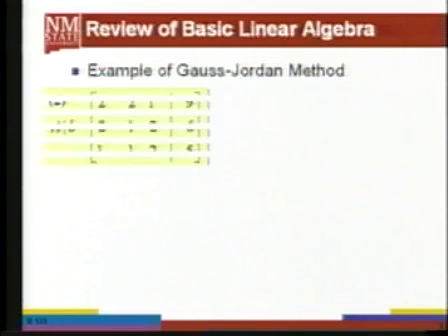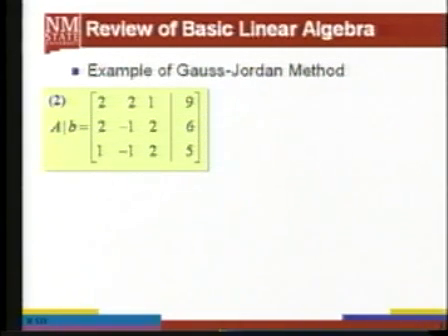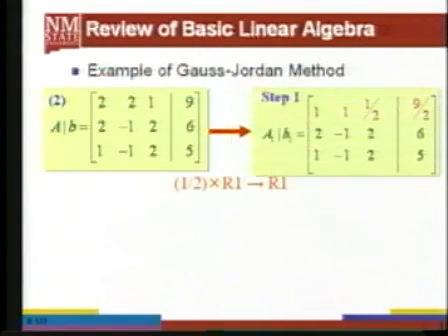The following sequence of elementary row operations will accomplish these goals. So first, we multiply row number 1 of system number 2 by 1/2. And this type 1 elementary row operation is step number 1.